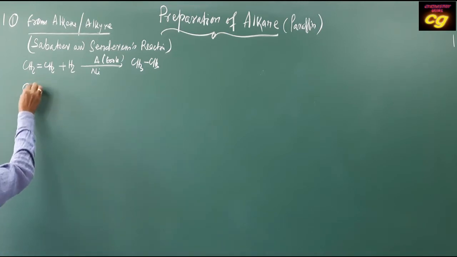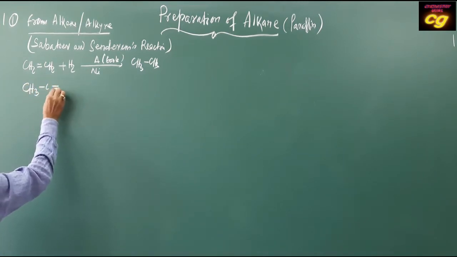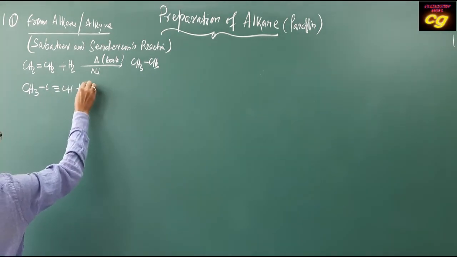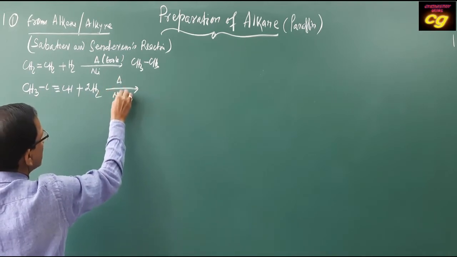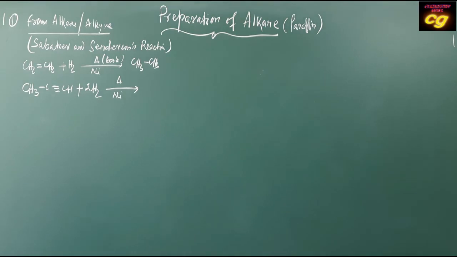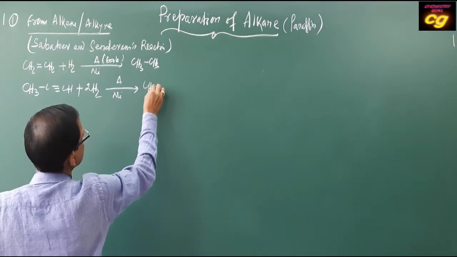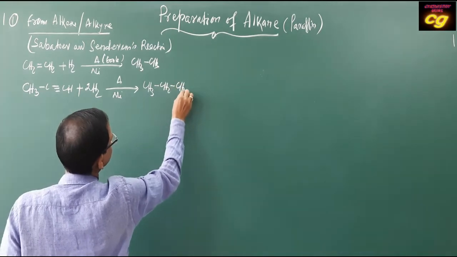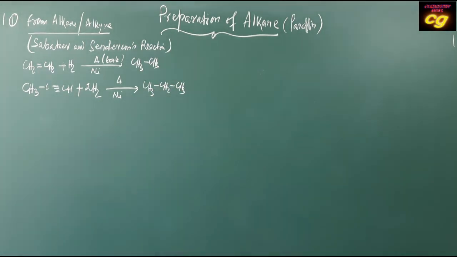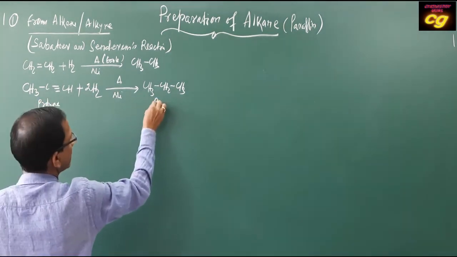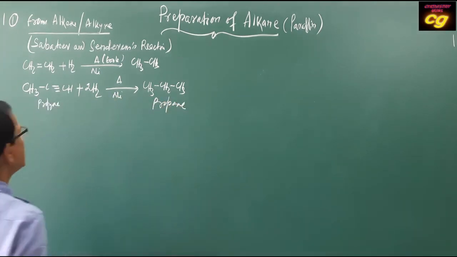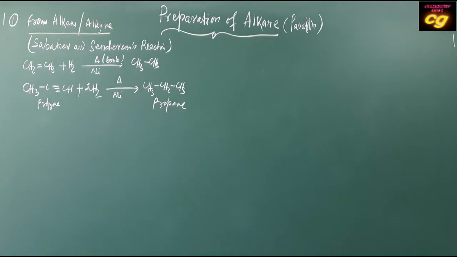Similarly, you can take CH3-C≡CH plus 2 molecules of hydrogen under the same conditions, on heating with nickel, palladium or platinum catalyst. As it has 3 carbons, it produces propane. So propyne converts to propane. This reaction is called hydrogenation or reduction of alkene and alkyne by hydrogen. This is one important preparation of alkane from alkene and alkyne.